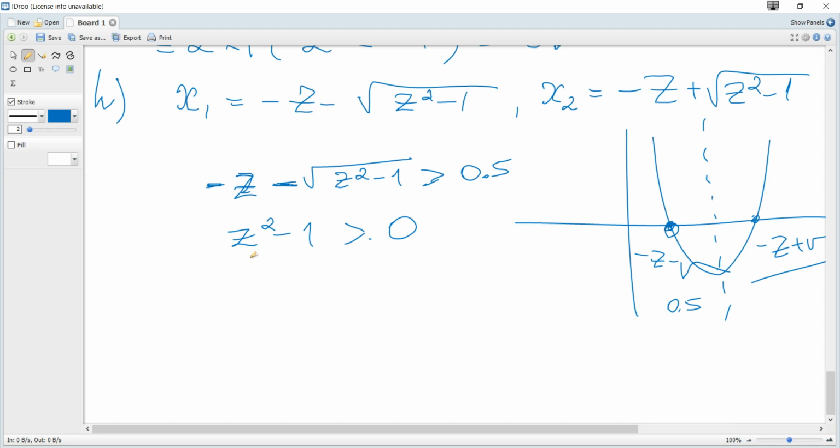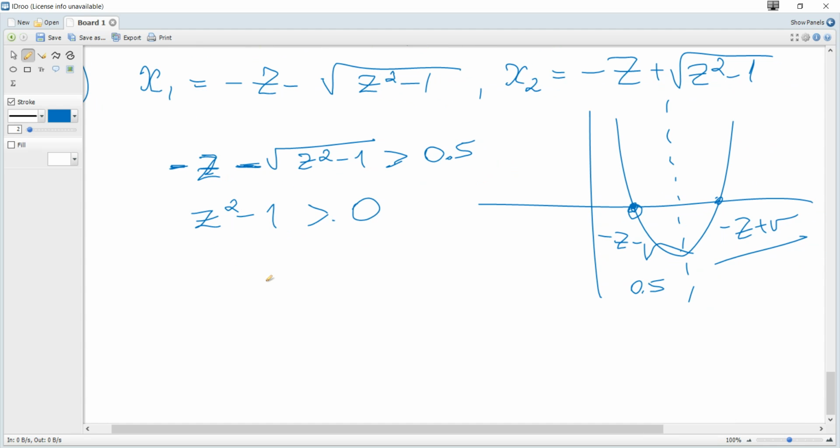You may also notice that you can see negative z minus the square root. The square root always gives us a positive value. So it's minus something minus positive, and if z is positive, there will be minus, and it's impossible to get greater than 0.5, and hence z is negative.